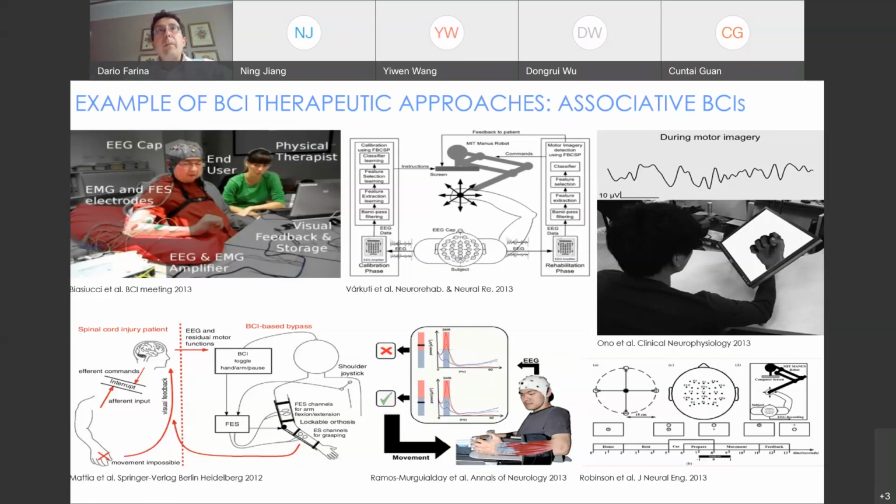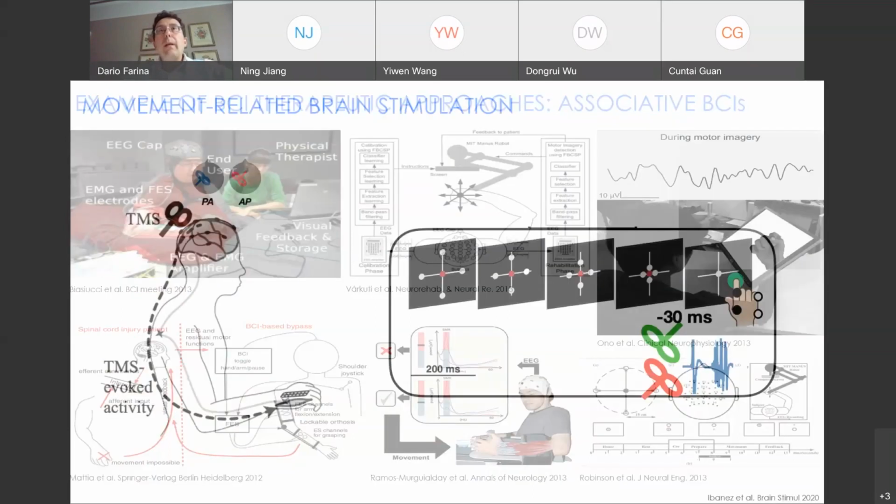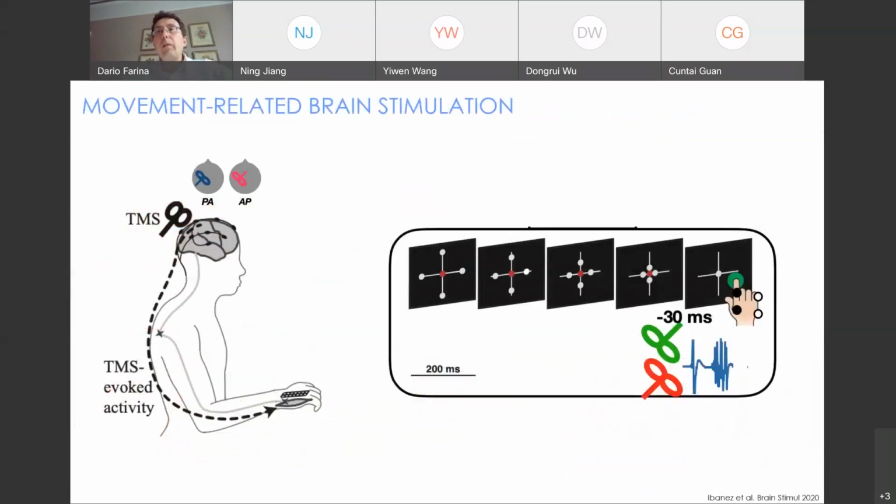So, for example, we know that brain stimulation associated to movement induces cortical plasticity. This is a recent study by Ibanez studying a paradigm in which you stimulate the brain shortly before a voluntary action.